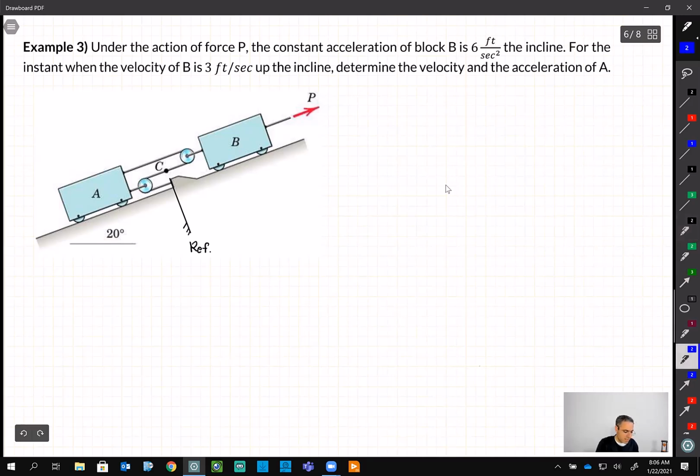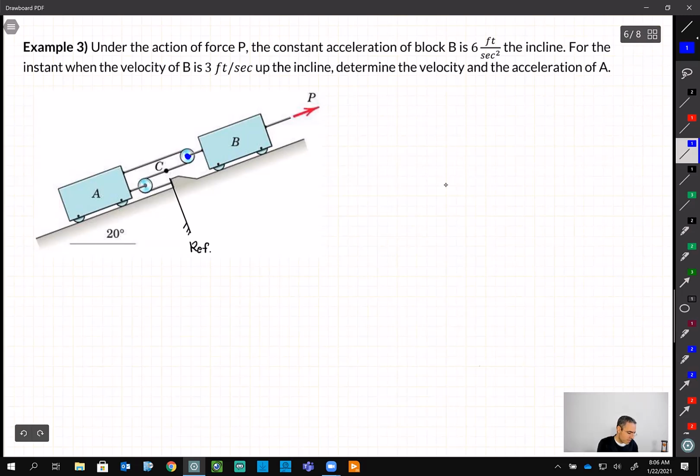Then I look at B, and in order to simplify the problem, I know wherever B goes, this point goes with B. So I'm just removing everything after this dot on the right side, to simplify it for myself.